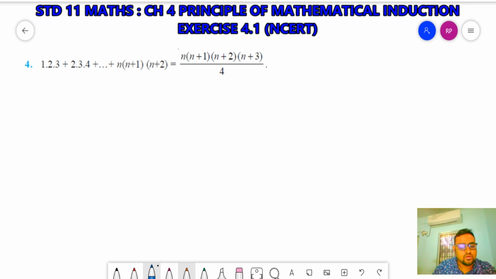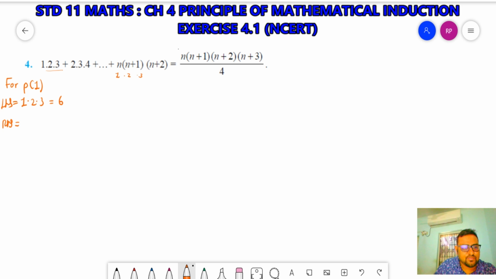Okay, so now let's start with P of 1. For P of 1, when I take n equal to 1, 1 plus 1 is 2, 1 plus 2 is 3. I need to carry on till I get 1, 2 and 3, that is the first term only. 1 into 2 into 3 is equal to 6. This is LHS.